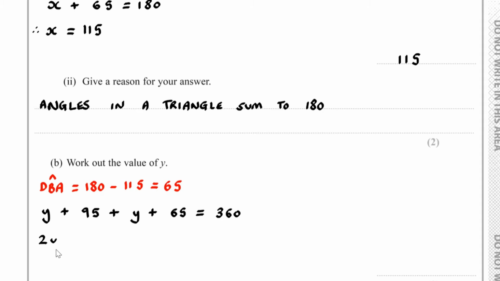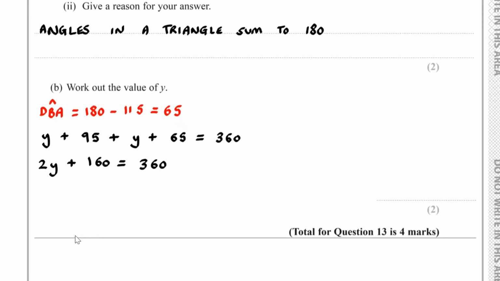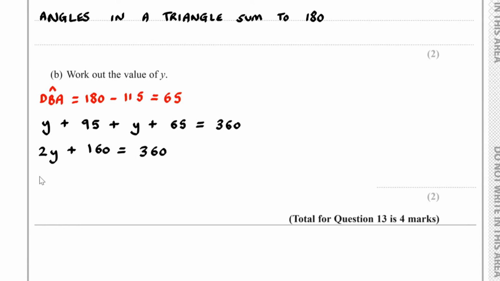So we've got 2y plus 160 equals 360. Subtracting 160 from both sides, 2y is equal to 200, and dividing both sides by 2, y is therefore equal to 100. So I've got 100 for y.